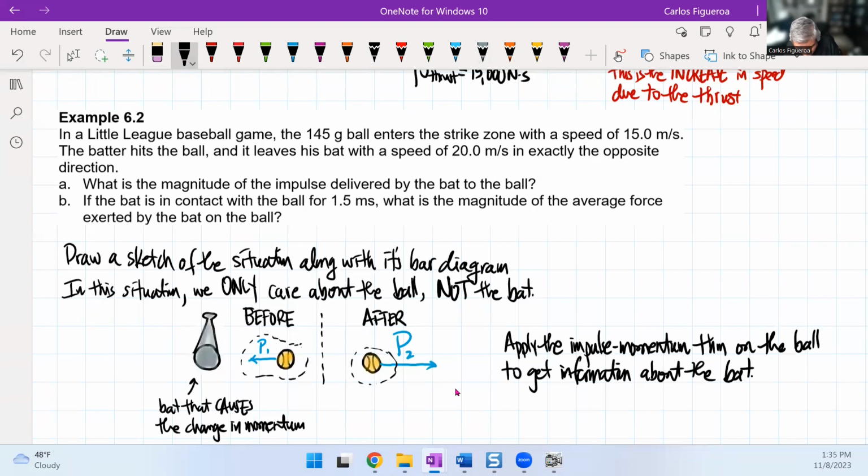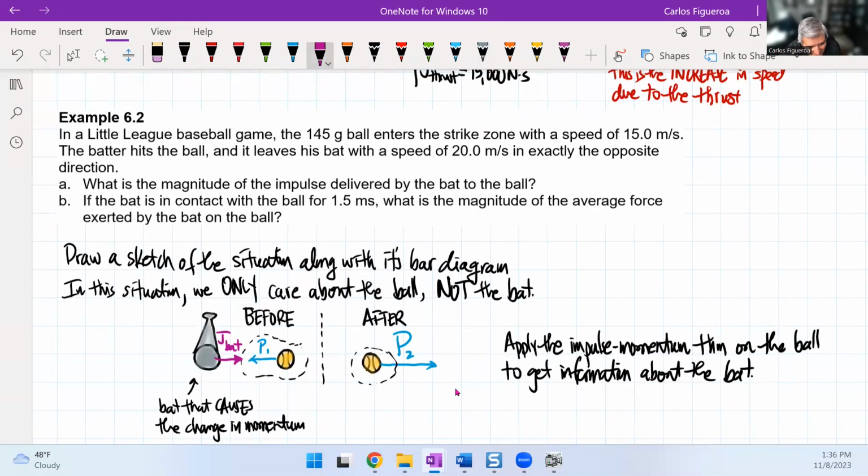We know that. And as a consequence, what this tells us here is that there's going to be an impulse. So there's going to be an impulse in the baseball due to the bat. Now note, all of these are vector quantities.